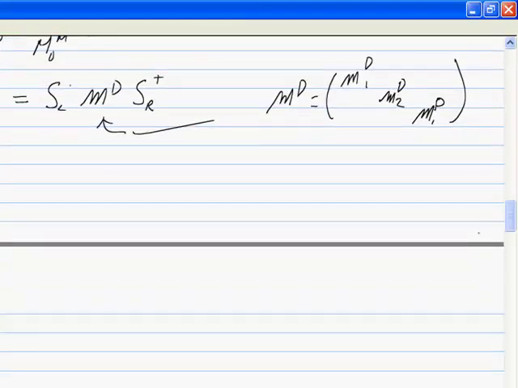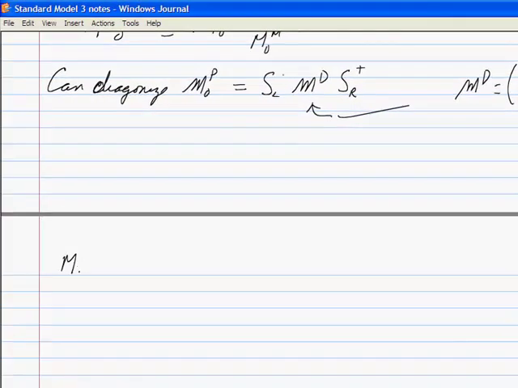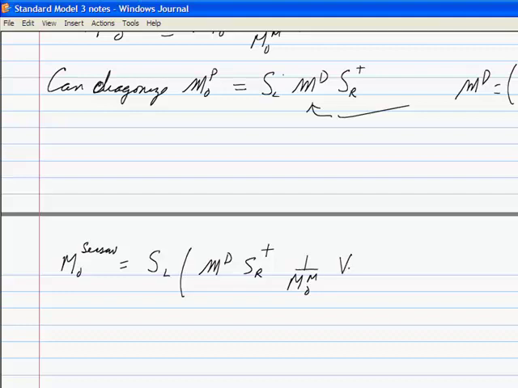What's left over? So now M0 seesaw is S left M Dirac, which is diagonal, S right daggered, 1 over M0 the Majorana mass, S right transposed M Dirac S left transposed.